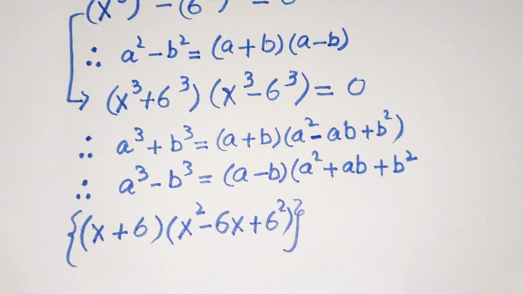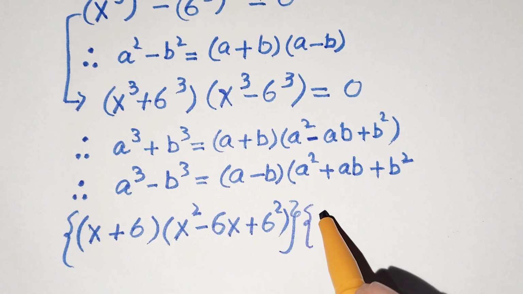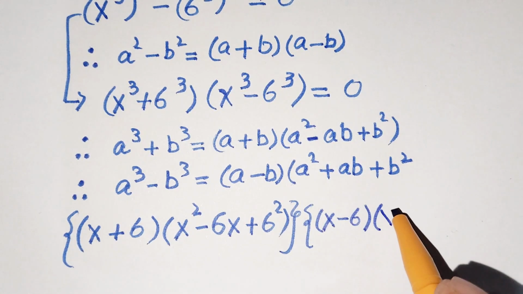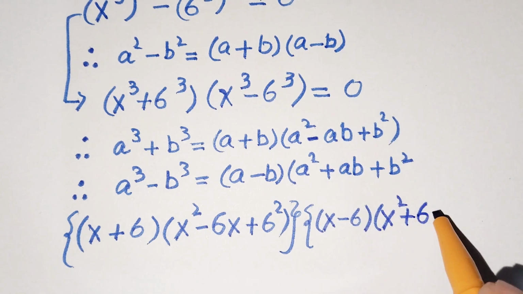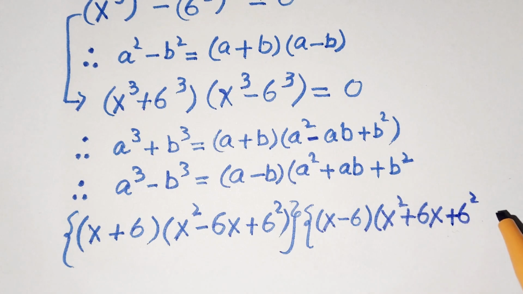Here we can write x cube minus 6 cube as x minus 6 into x square plus 6 times x plus 6 square, which is equal to 0.